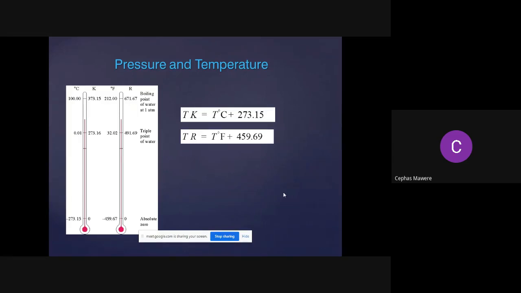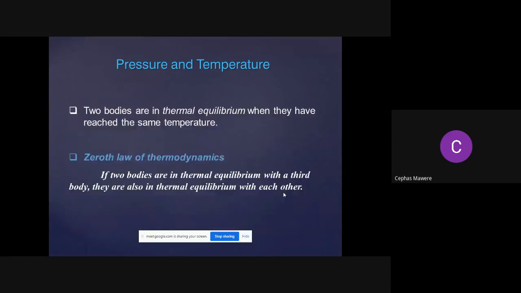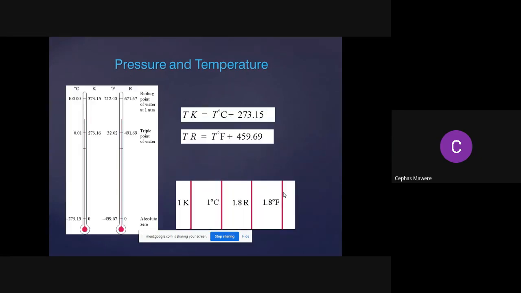All right. If you are to look at temperature, you need to understand that it can be measured in degrees Celsius, in kelvins, in Fahrenheit, and also in Rankines. By scientific standard, we usually make our calculations in kelvins.